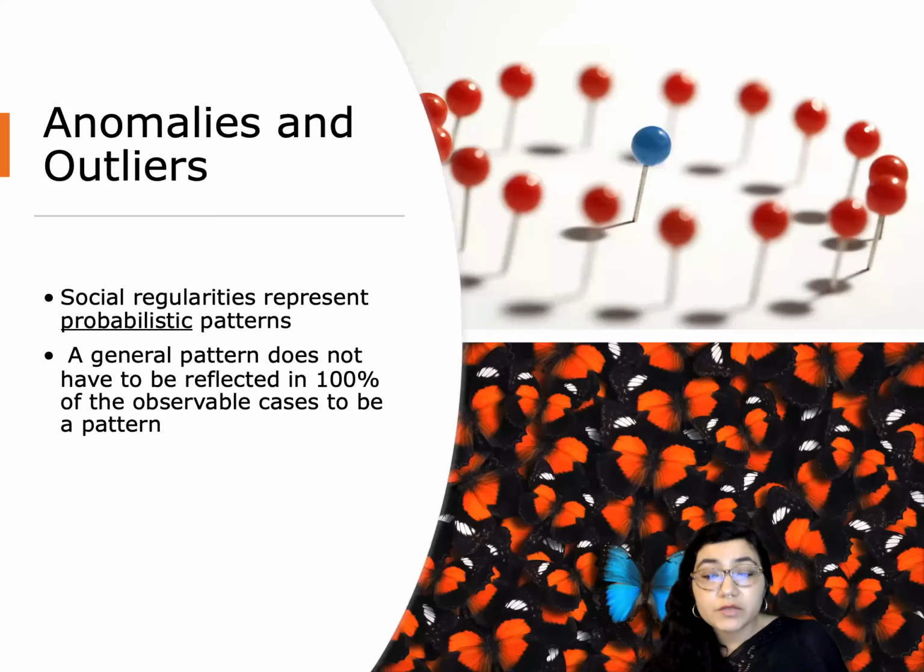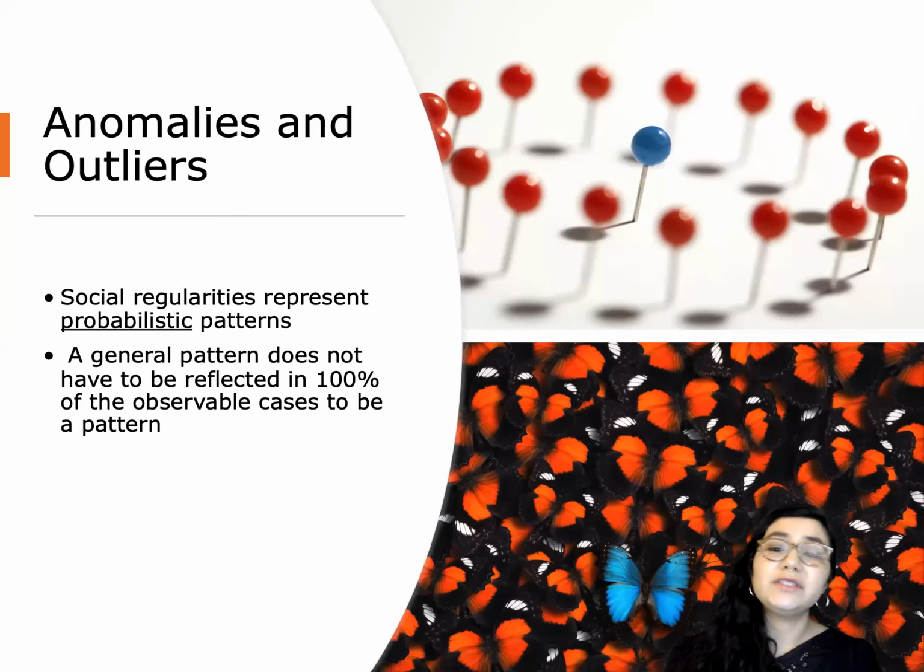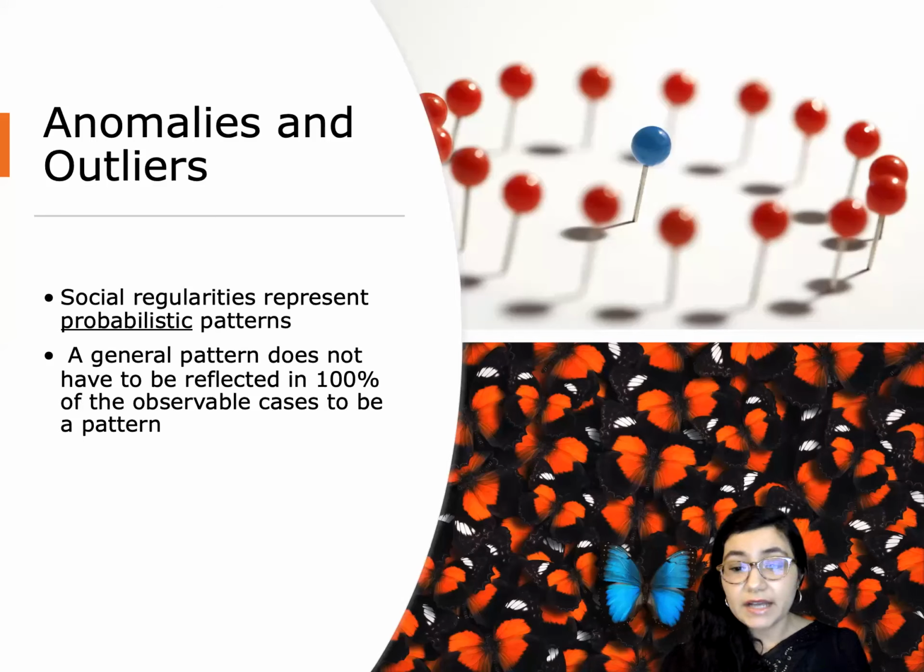And because we're usually dealing with aggregates, there are anomalies and outliers. But as we said, research is probabilistic. So just because there's one instance in which your hypothesis is not true, that doesn't mean that it's not true. A pattern can still be a pattern if it's not reflected 100% of the time.